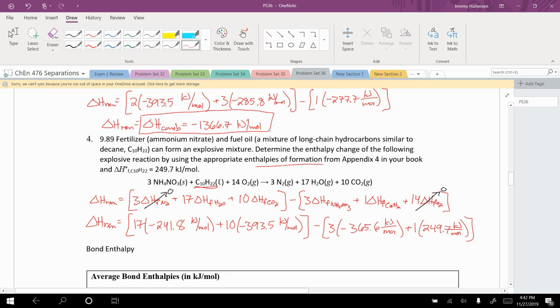So now if I go back and plug it in, that's more like it. I get that the delta H of this reaction would then be negative 7198.5 kilojoules. Does it make sense that it's negative? Yeah, because it says it's an explosive mixture. So if it blows up, it should be releasing heat.